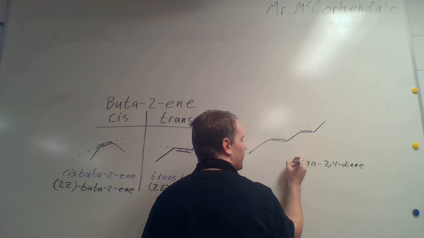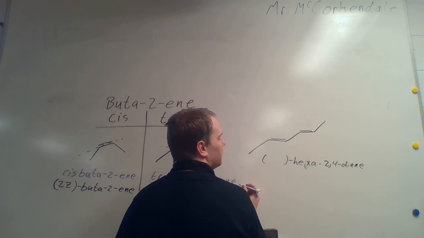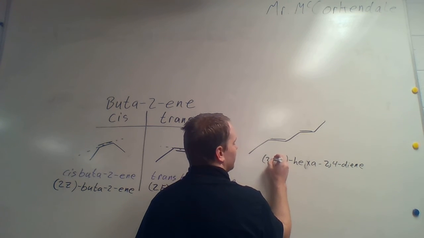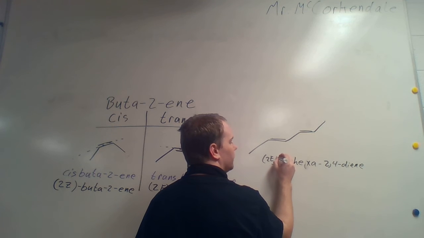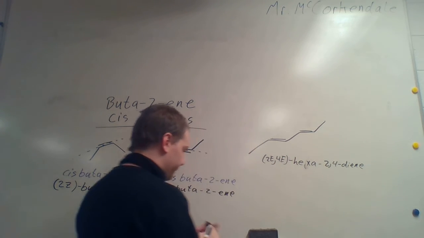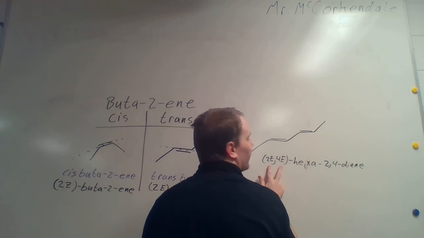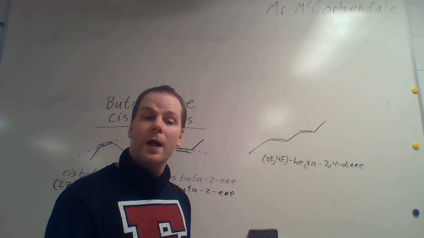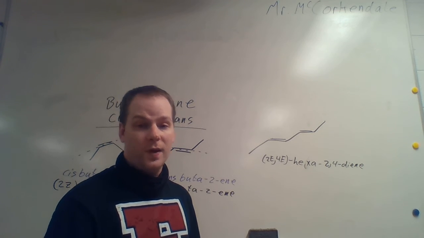We would add to the beginning of that 2E, 4E, hexa 2,4-diene. So the E's tell us that both of these are trans double bonds. Neither one of them is cis.